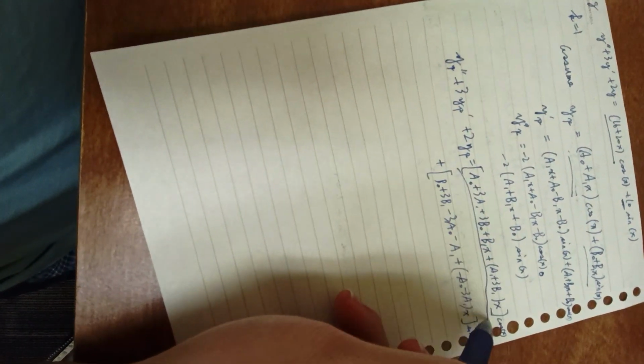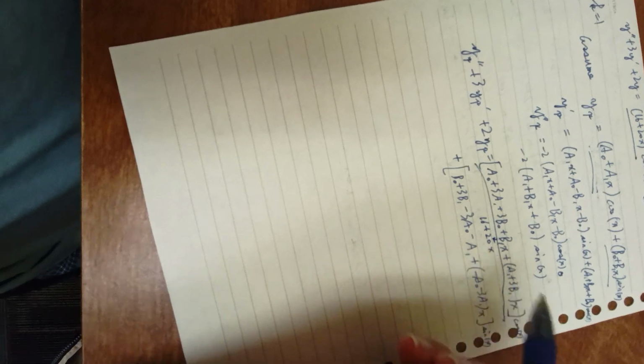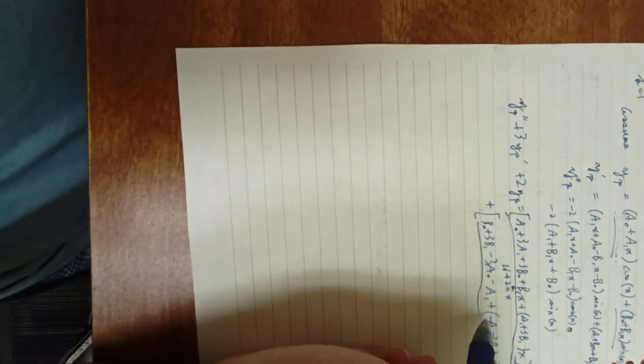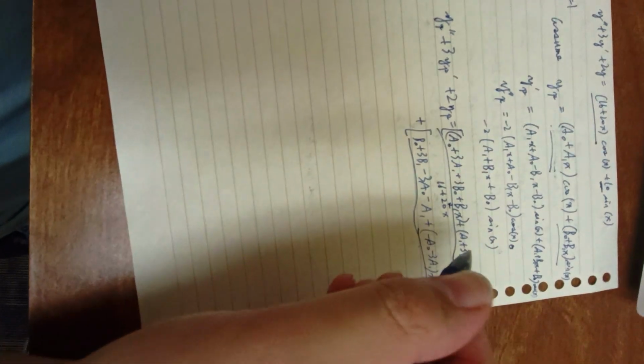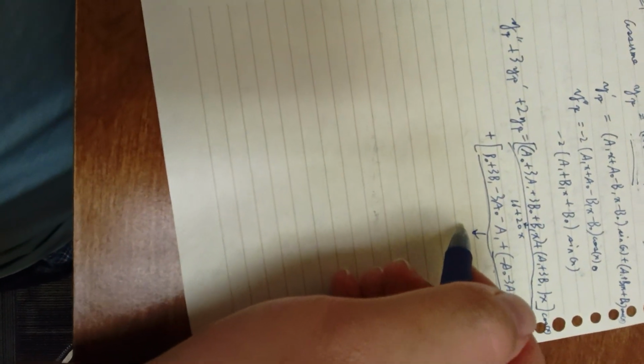So we let this part equal 16 plus 20x, this part equals 16, this part equals 20, this part equals 10, right?